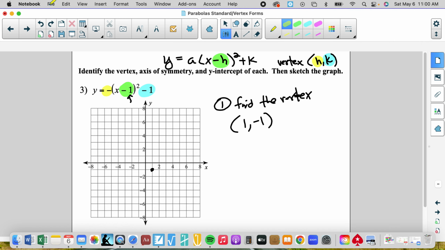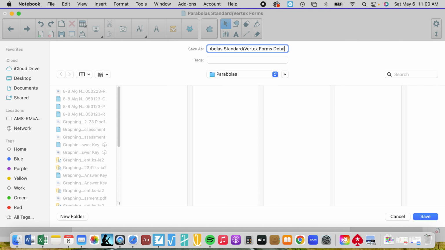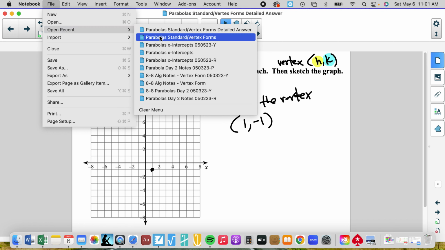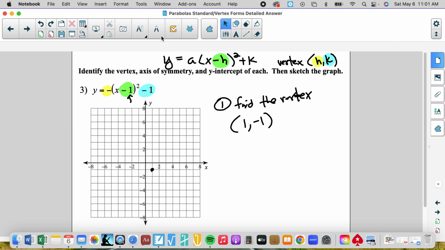I know it's a distraction. I'm sorry. Let's just be patient for a second. Let's save this real quick. I want to pull this back up because I resized this, and in resizing, I maybe uncovered the negative that I covered.